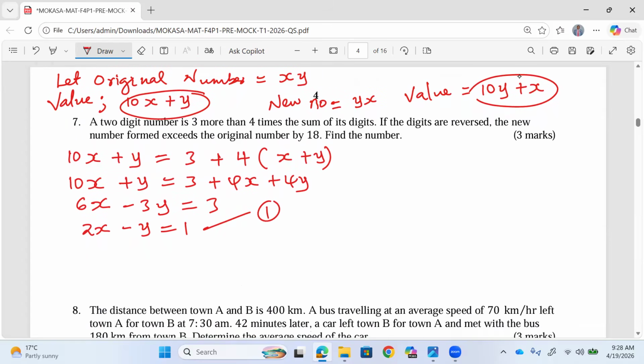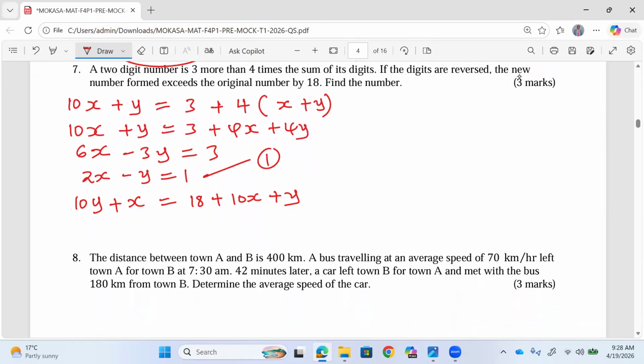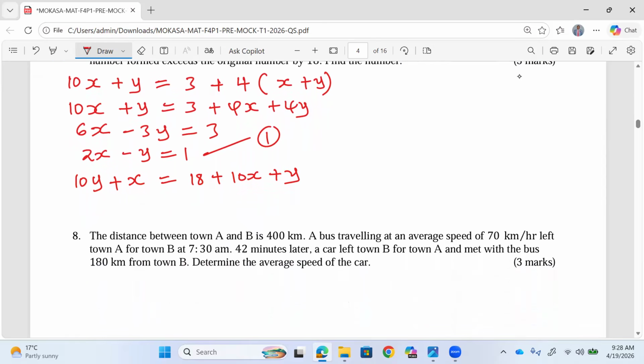Now we can say that the new number formed exceeds the original number by 18. So we need to add 18 to the original so that it is now equal to the new number.